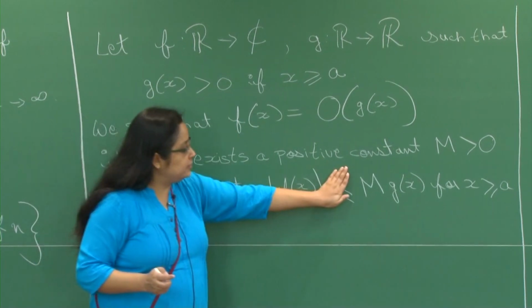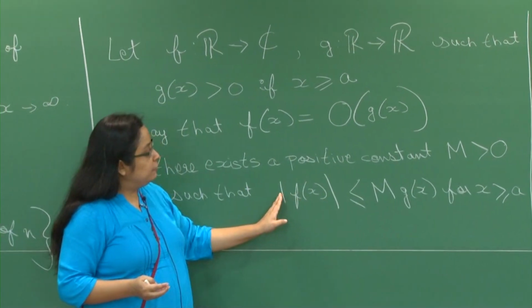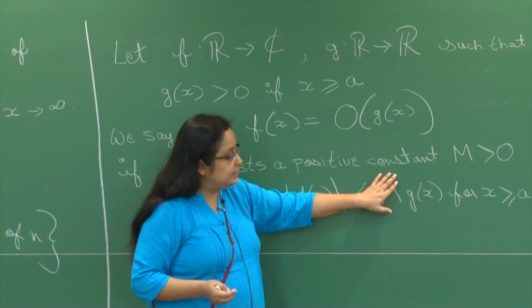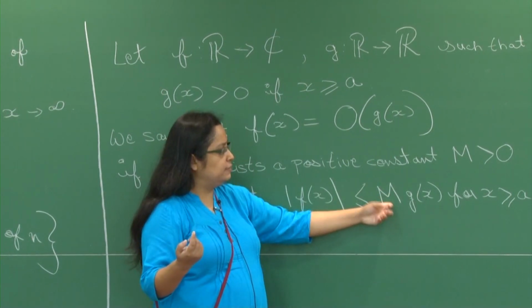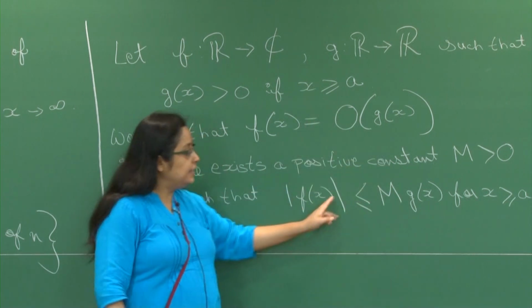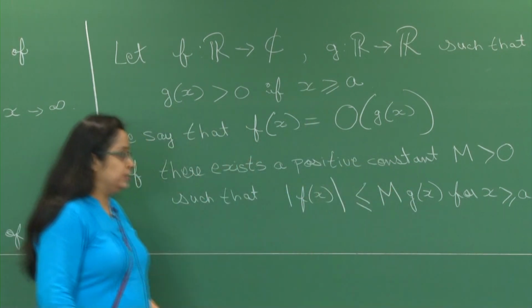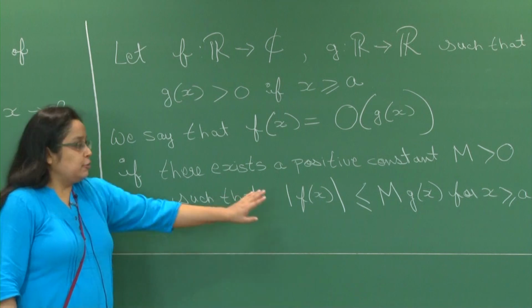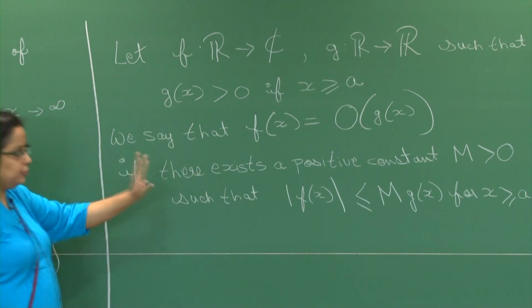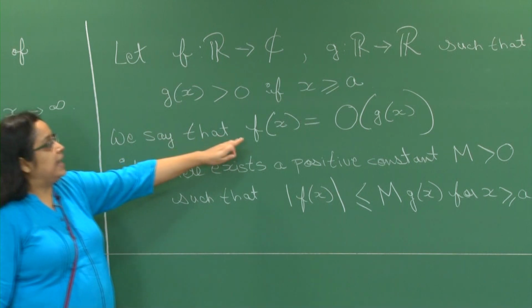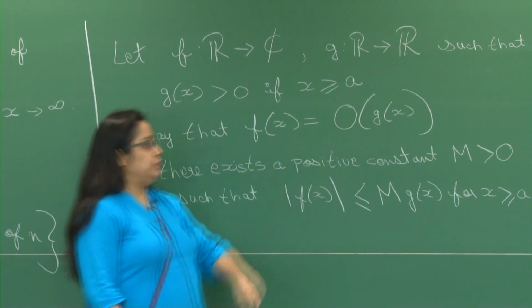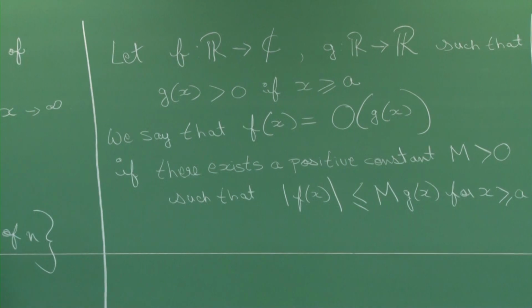So, we are not just talking about the situation when absolute f of x is less than or equal to g of x. Let us say there is some scalar constant, maybe 2 or 3, so that this inequality holds. This is also good for many purposes, and when this condition holds, we say that f of x is O of g of x. This is an important symbol.